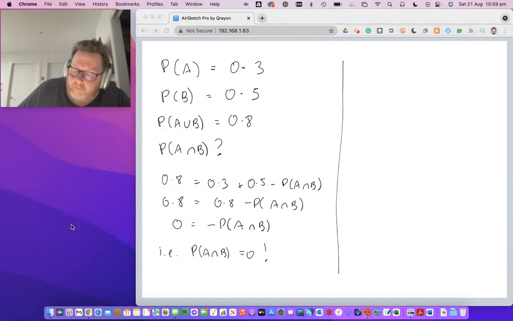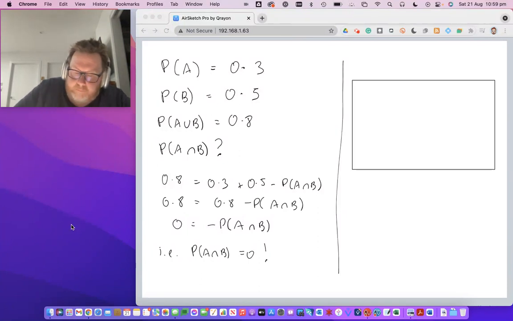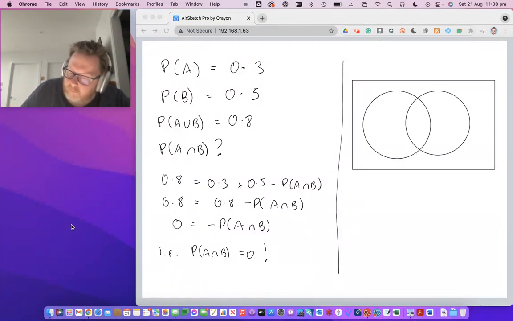So this is what it would look like. I'm going to do my circles. Okay, so this is A, this is B. And we've got, I didn't leave myself enough room here, so I'll just put it up here.